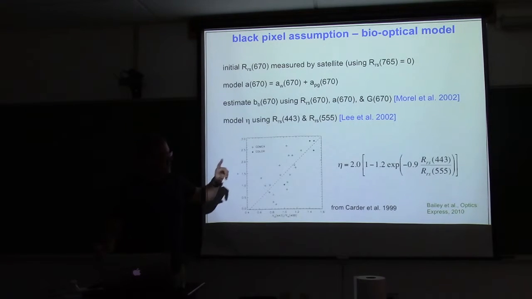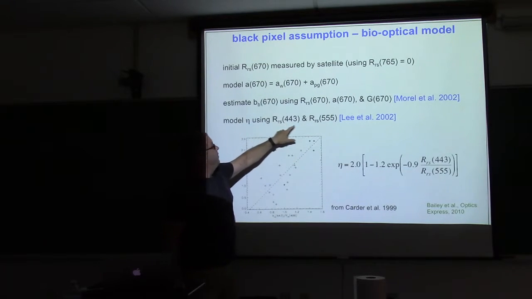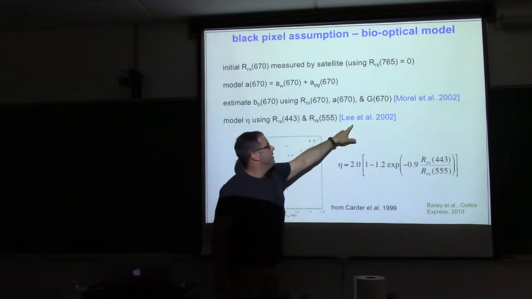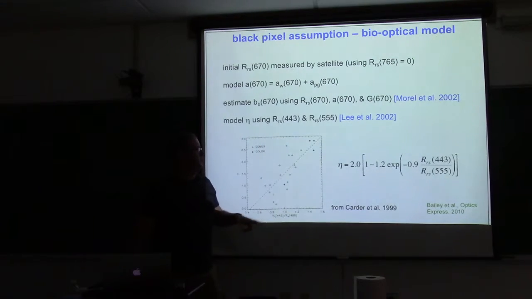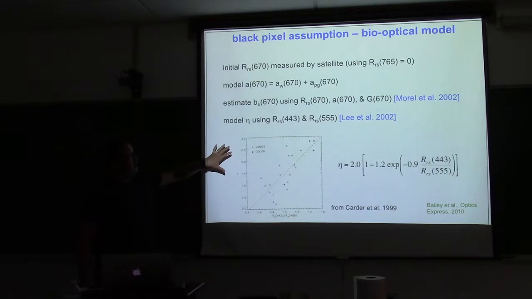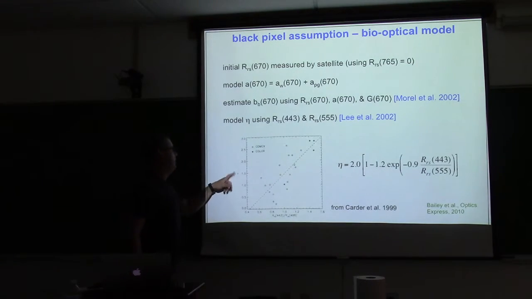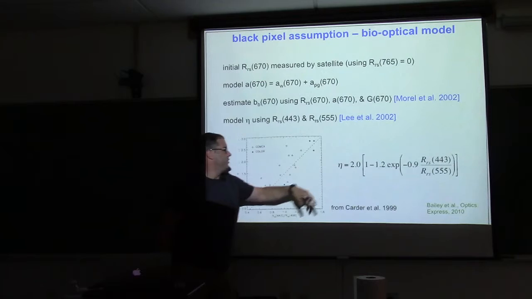The empiricism continues. We now take a guess at backscattering spectral slope using the ratio of our first guess of 443 to 555 in the model of Zhongping Lee from 2002. And this is the expression that he has put together. This is a preliminary version from 1999 that shows how the ratio of these two relates to spectral slope.